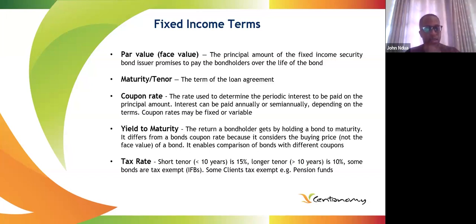However, remember, a secondary market exists where I can sell my bond. So let me give an example. I have a bond, I bought it for 100 shillings, and I'm supposed to get 10%. The coupon is 10%. So the bond says the government is supposed to pay 100 shillings at the end of the 5 years, but pay 10% of that 100 shillings every 6 months.